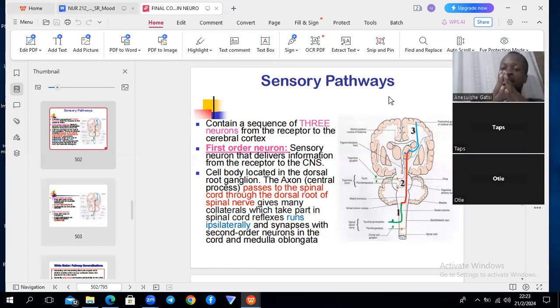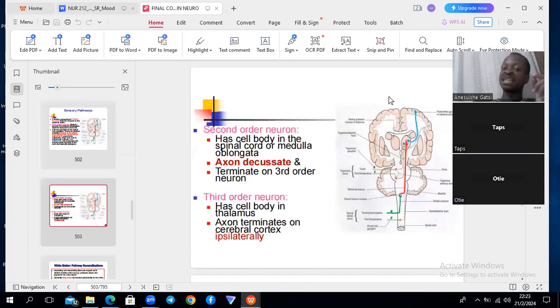The last time we talked, I said that every sensation passes through the thalamus first before going to the cortex, except the sense of smell. So you find that the second order neuron is the one that is going to cross and go to the thalamus.